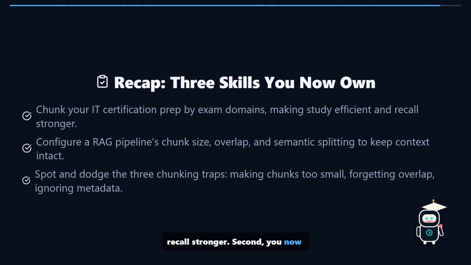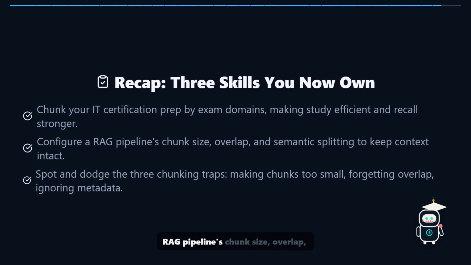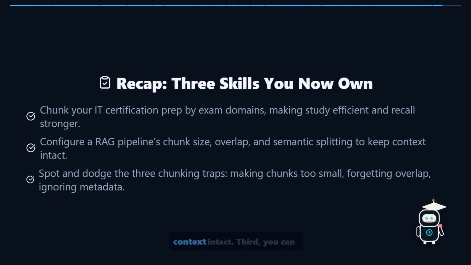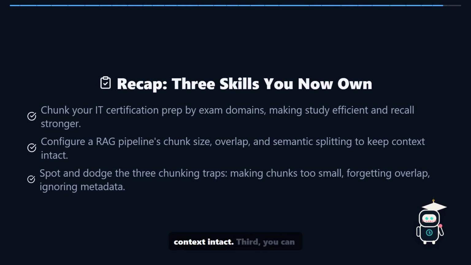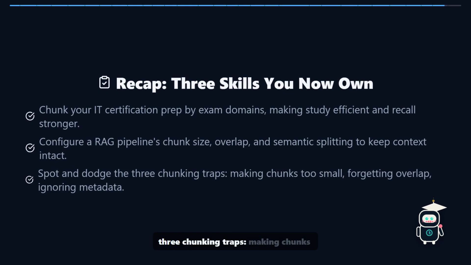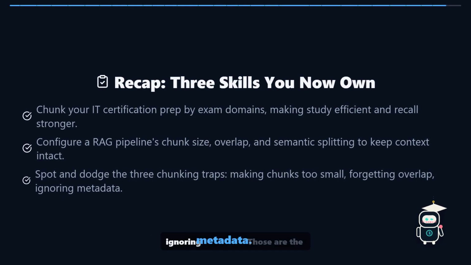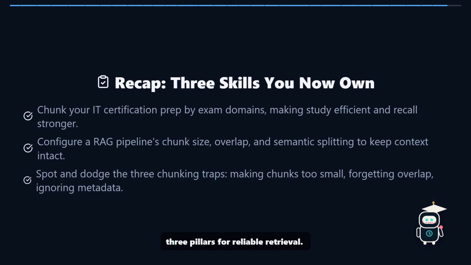Second, you now know how to configure a RAG pipeline's chunk size, overlap, and go semantic to keep context intact. Third, you can now spot and dodge the 3 chunking traps: making chunks too small, forgetting overlap, and ignoring metadata. Those are the 3 pillars for reliable retrieval.